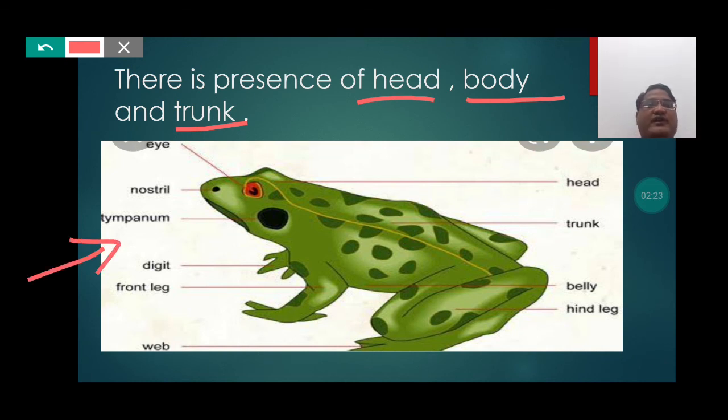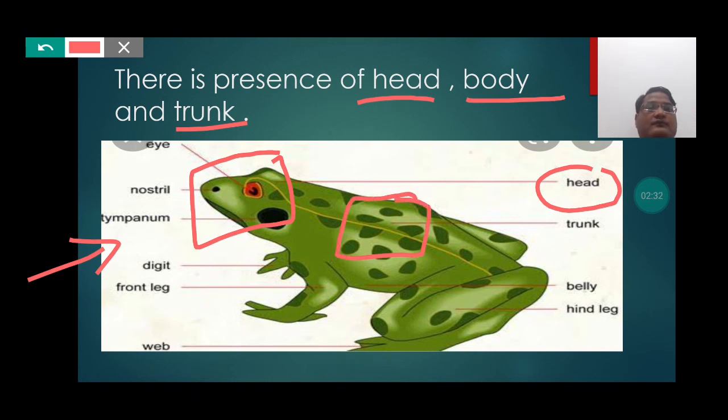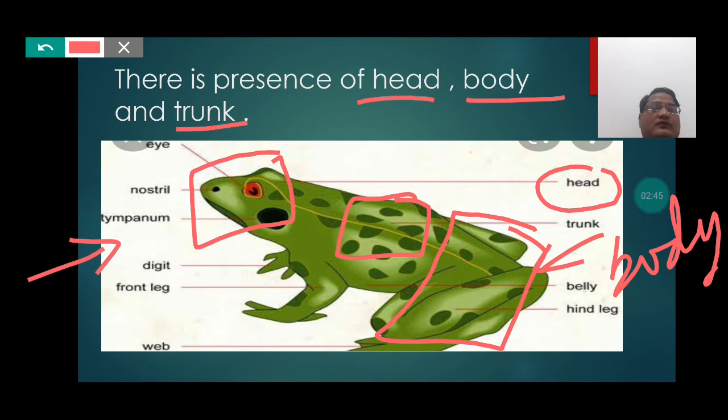Students, in this picture you can easily notice the head, which is this part of the amphibian, the trunk, the middle part of the amphibian, and the lower lateral area, which we call as the body. So students, we can say that the whole body of the amphibians is distinguished into head, body and trunk.